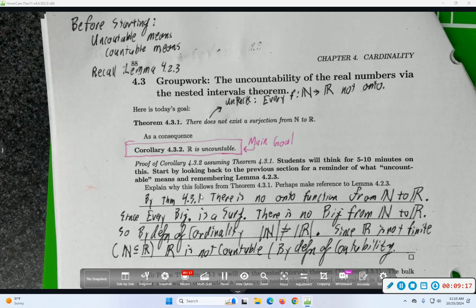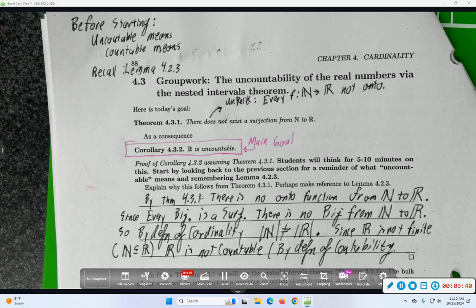Well, what does it mean to be onto? What's a surjection? Yeah, everything in the codomain is hit. I don't like saying every output is hit because output already sounds like a thing that's hit. So it is not the case that everything in the codomain is hit.